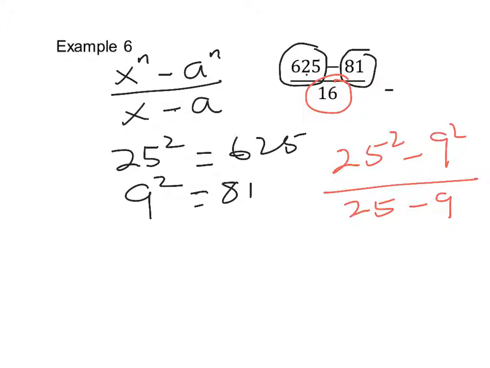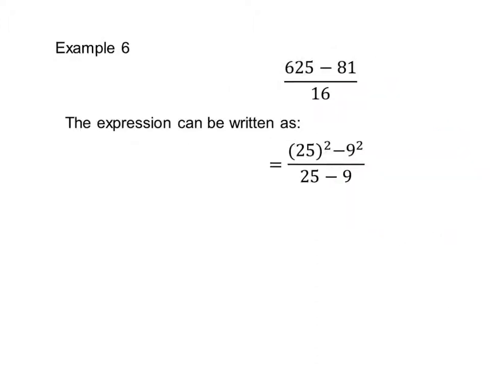All right, the next screen should show exactly what I have down here. This is the new expression, where they match x to the power of n minus a to the power of n over x minus a. What is next for us is just to plug into the general formula that we had at first in example 1.